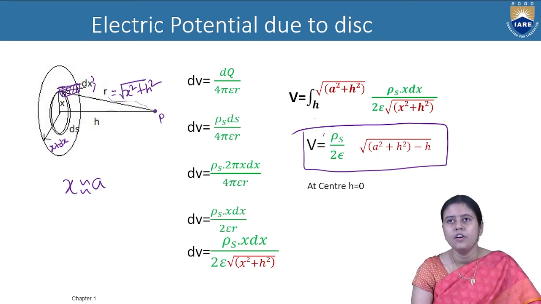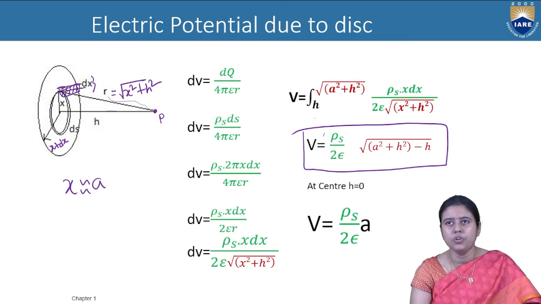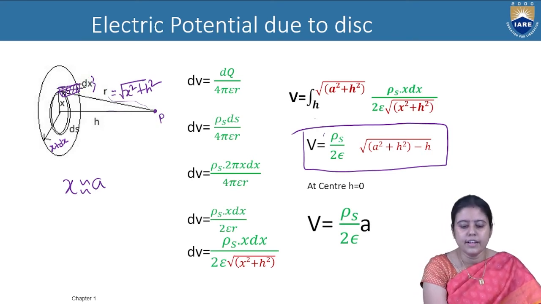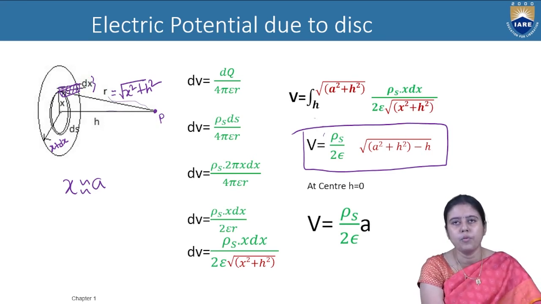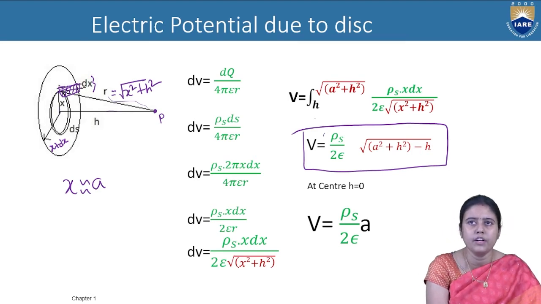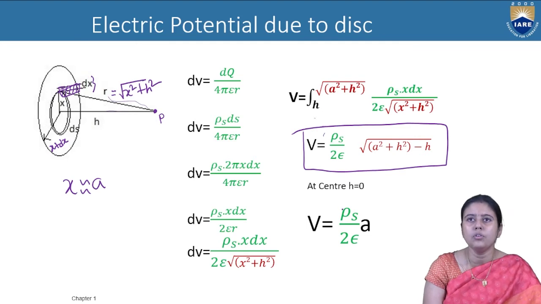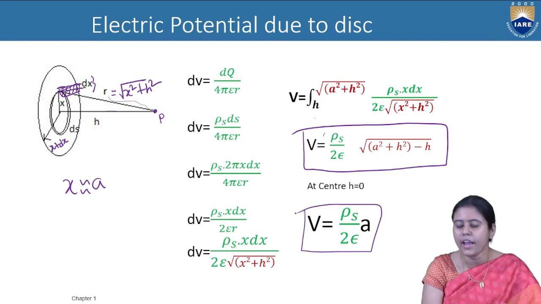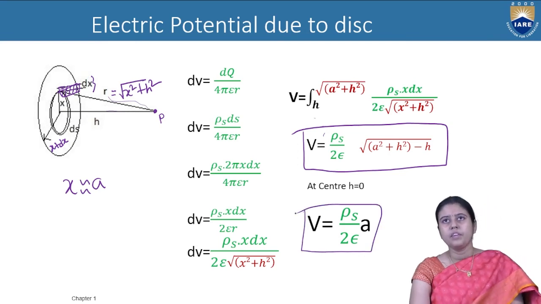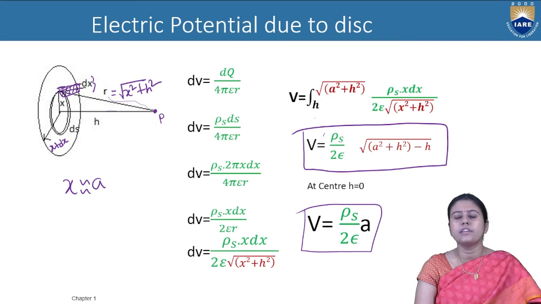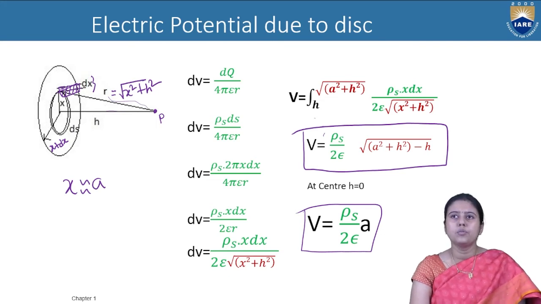At the center, h is equal to 0, which means there is no height. If we want to bring a charge from here to this point, h is equal to 0, and V is equal to rho s by 2 epsilon into a. So this is another very important relation, the potential due to a disk.